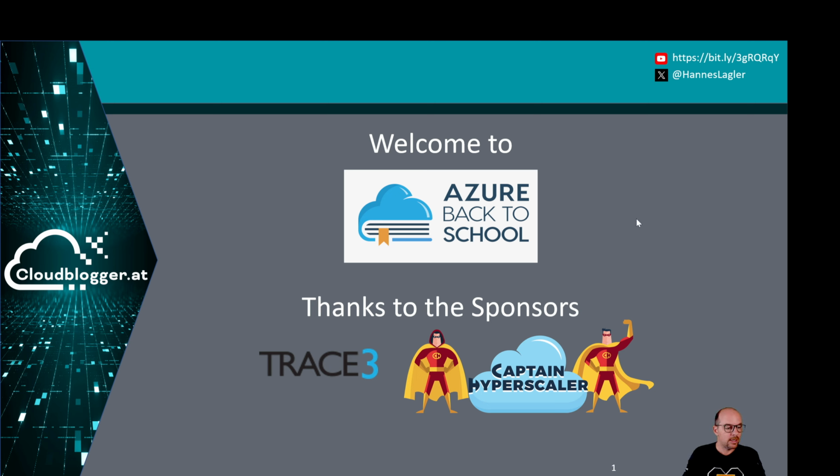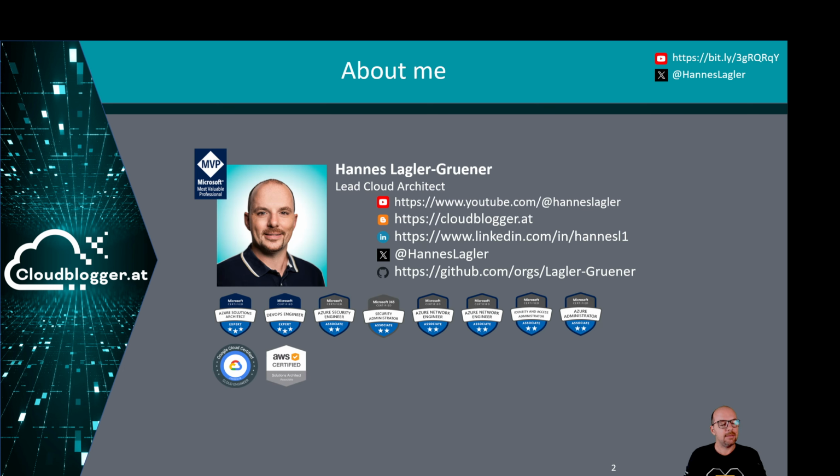Okay, so let's talk about me in a short window. My name is Lagler-Gruener. I'm a lead cloud architect in one of the biggest consulting companies in Austria. You can see I have a broad knowledge about Microsoft Azure. I have my certification in different areas. I'm really focusing on cloud-only, cloud-native applications.